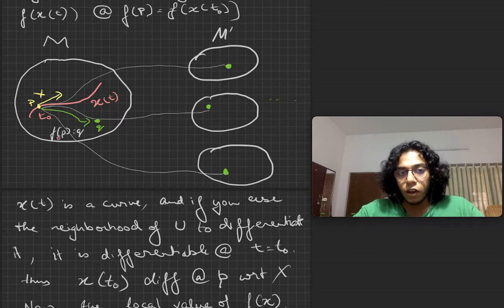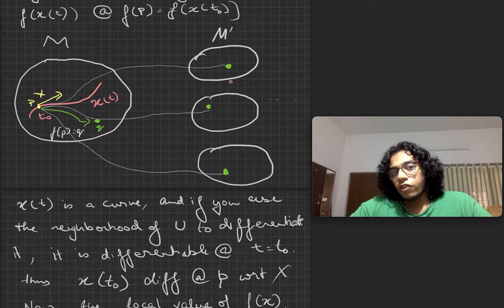This is my f of p. You name this new point q, given by the green dot, and you map it to another manifold, M dash.